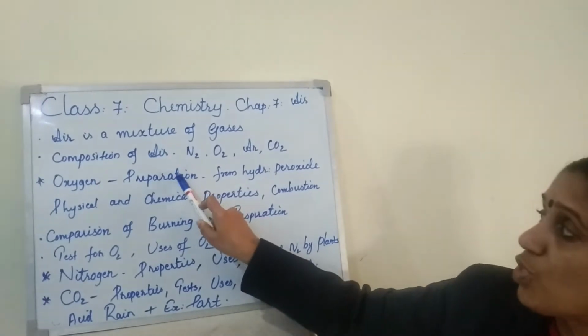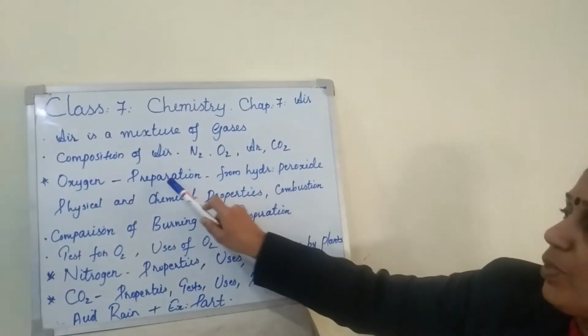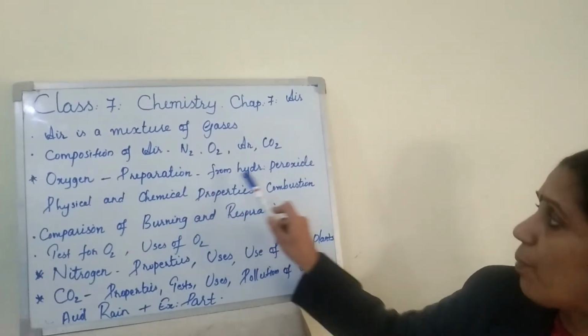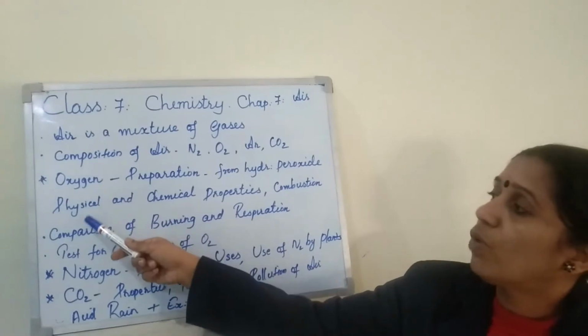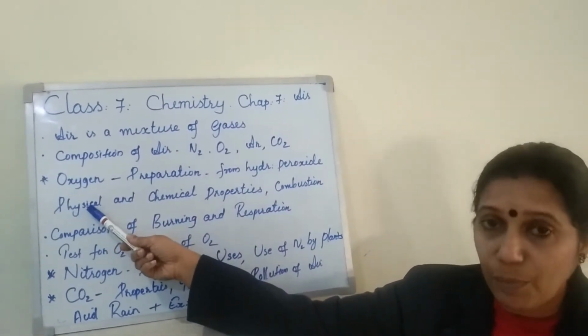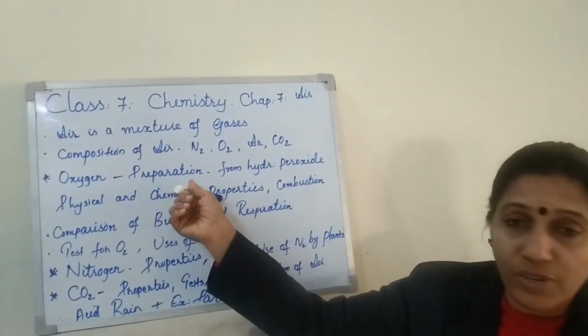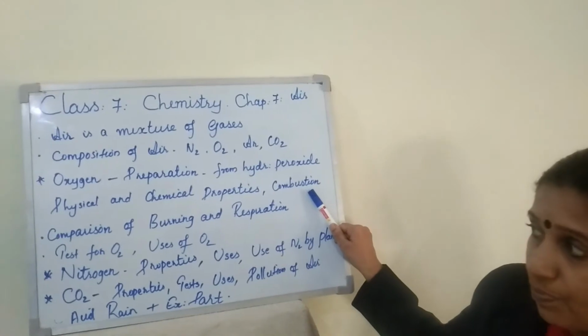Two ways of preparation are mentioned there, and the one mentioned here is preparation of oxygen from hydrogen peroxide. The next is the properties of oxygen. First are the physical properties, the next are the chemical properties, and the next topic is combustion.